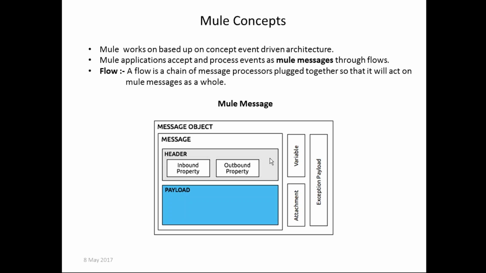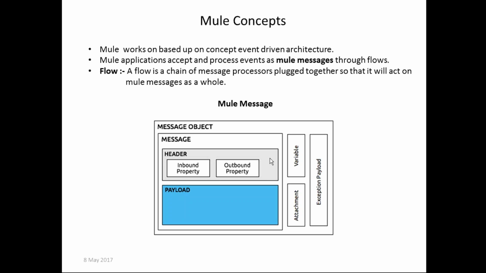Inside the header there is an inbound property and an outbound property, which I'll explain later. And you can see the payload. Payload means the business information which in most cases you get from the external system, or you set this payload depending upon how your flow performs. And there is something called a variable.